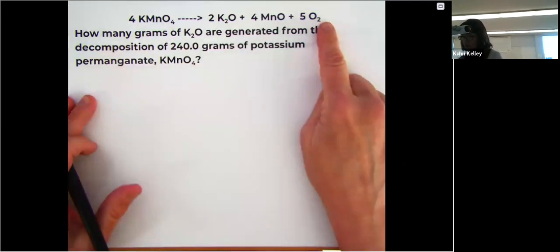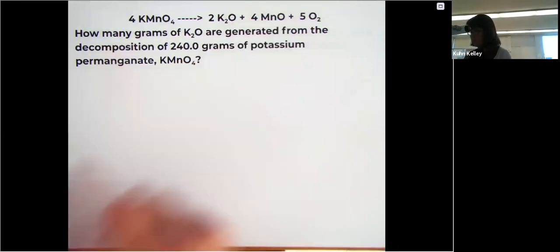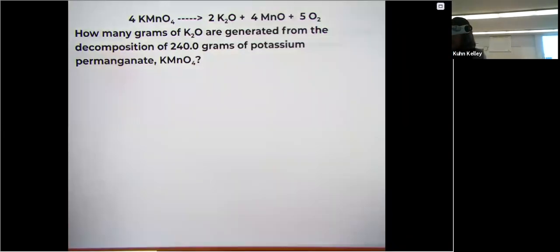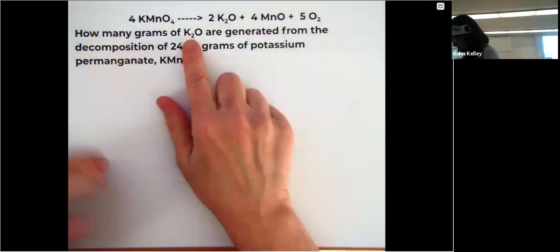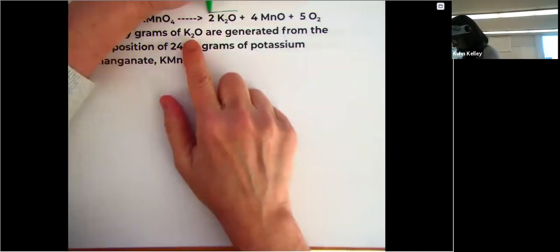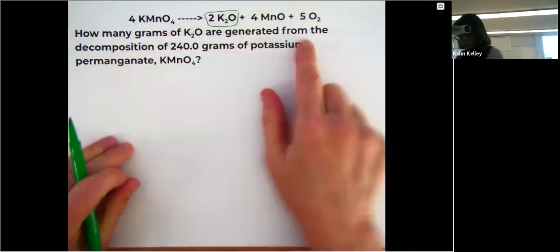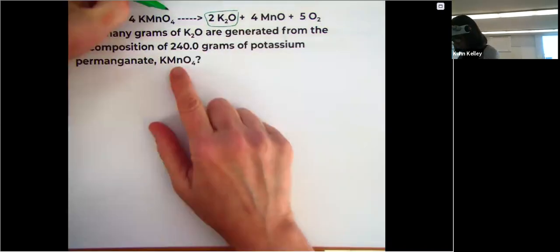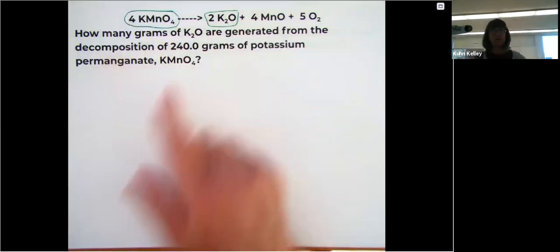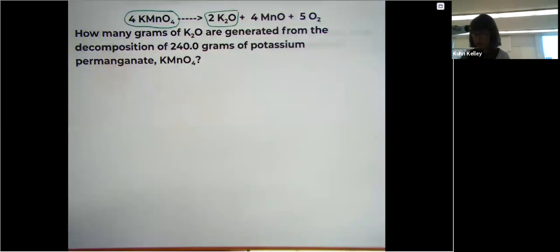I'm going to start by circling the substances that this problem is asking me to consider. The first one I get to is K2O. And the second one I get to is KMnO4. Notice that I'm also including the coefficients when I circle because they will be a part of the process.